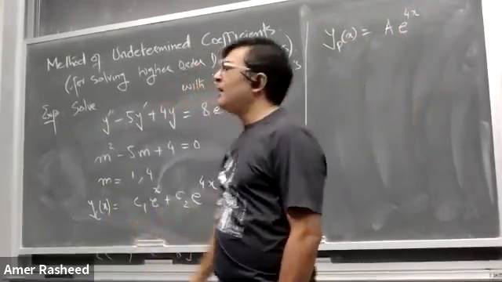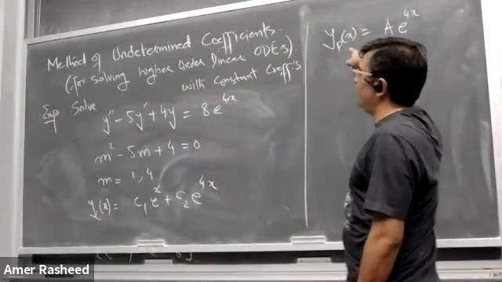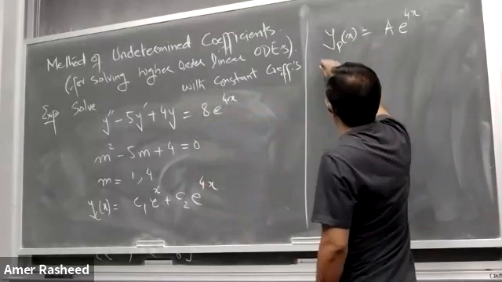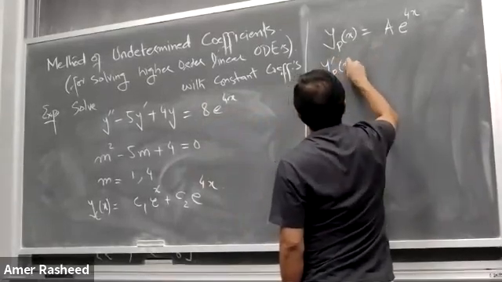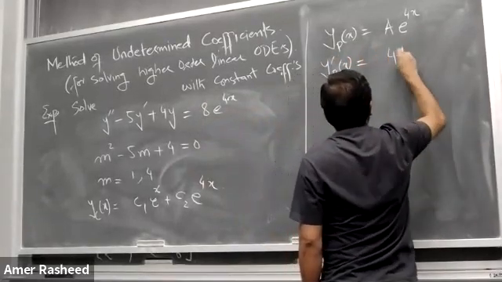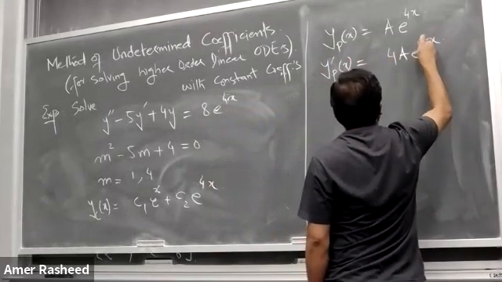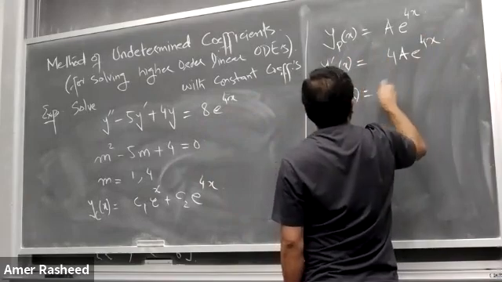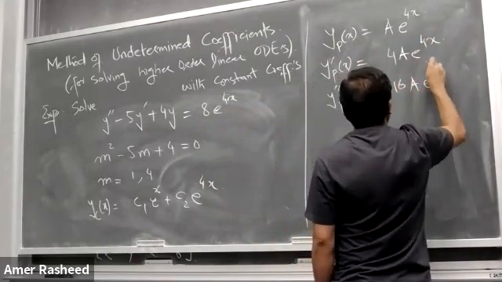Now, if we put this particular solution in the given differential equation, what happens? yp dash is 4a e raised power 4x, and yp double dash of x is 16a e raised power 4x.